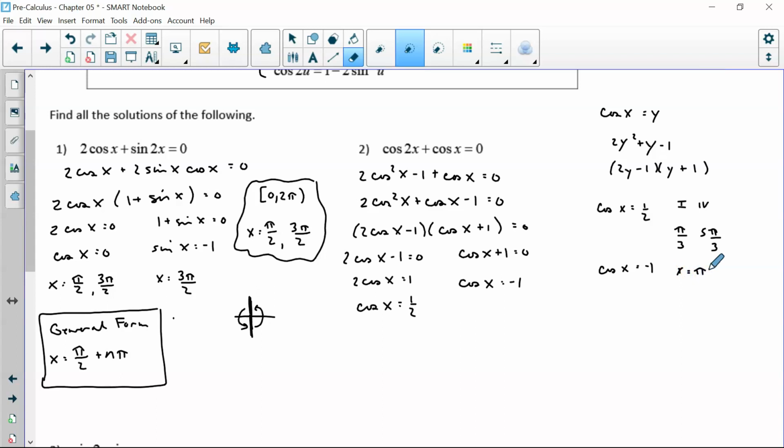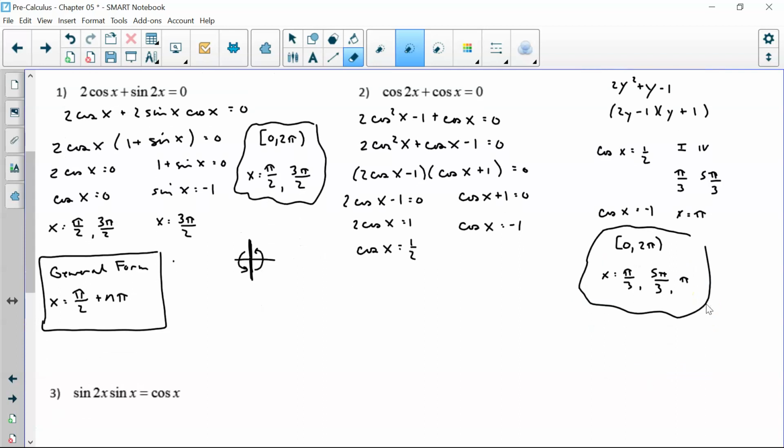So for our answers from 0 to 2 pi, we're going to get x equals pi over 3, 5 pi over 3, and pi. Those are our answers from 0 to 2 pi.